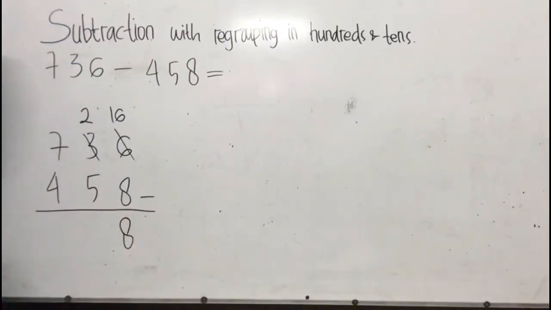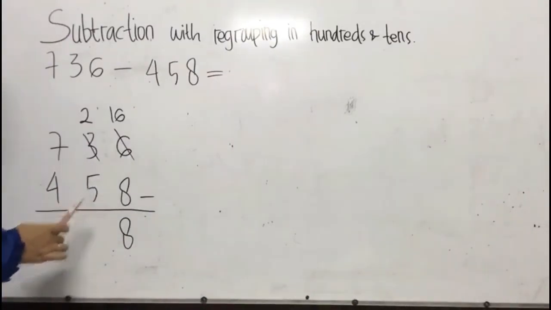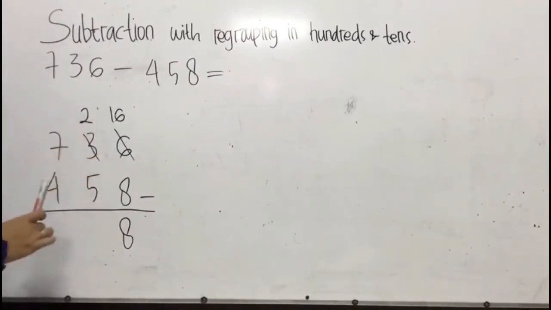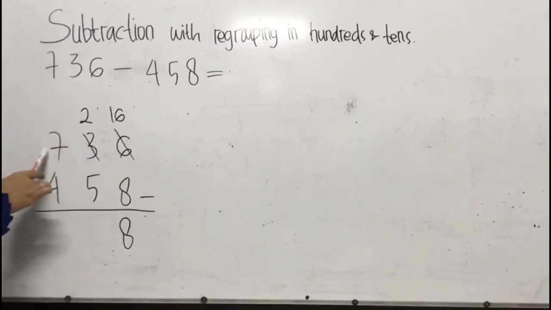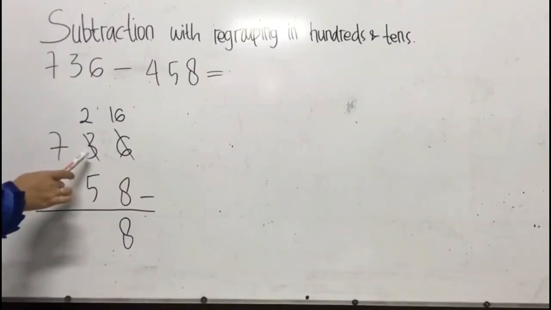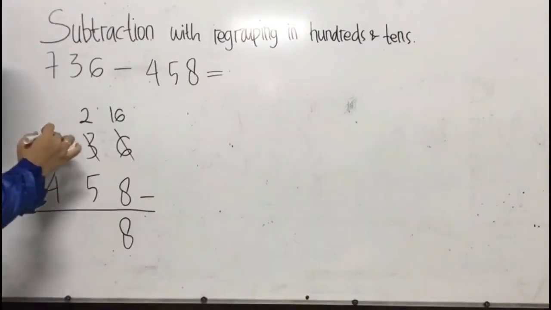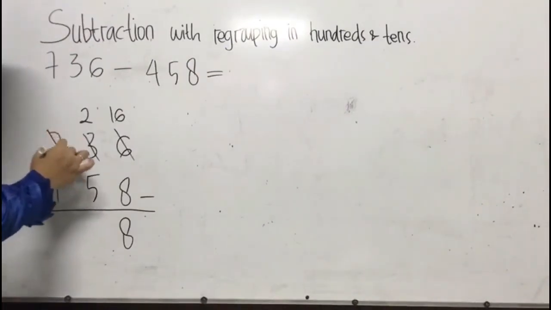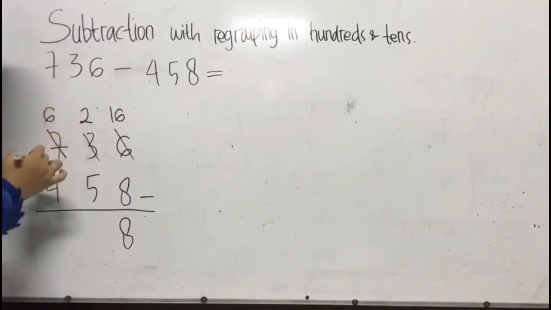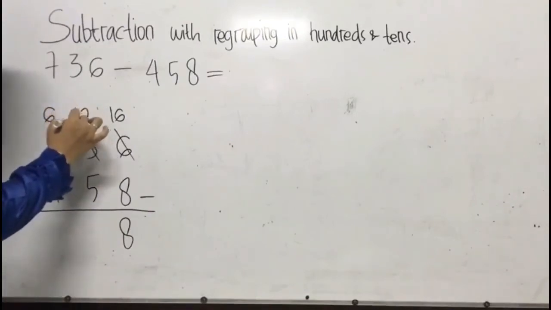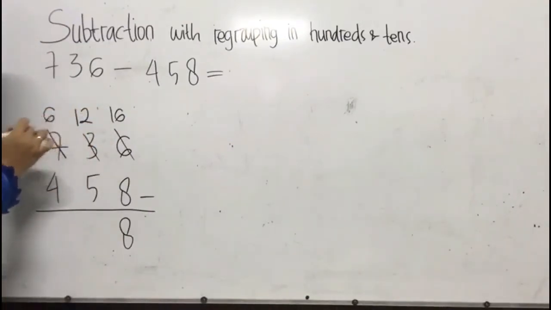And then subtract the tenths. We cannot subtract 5 tenths from 2 tenths. So we regroup 100 into 10 tenths. So we have 6 and 12, 612 tenths.